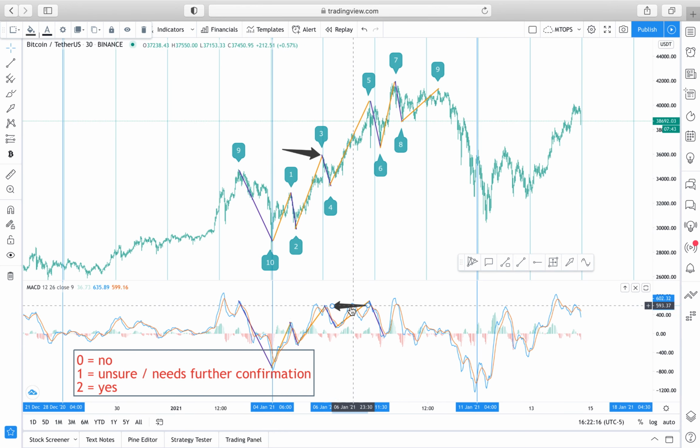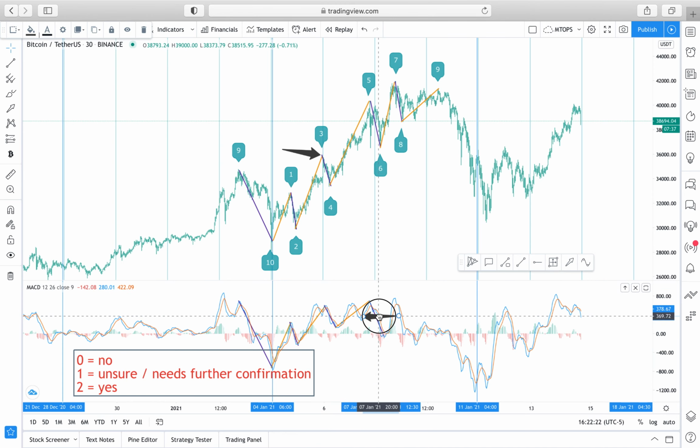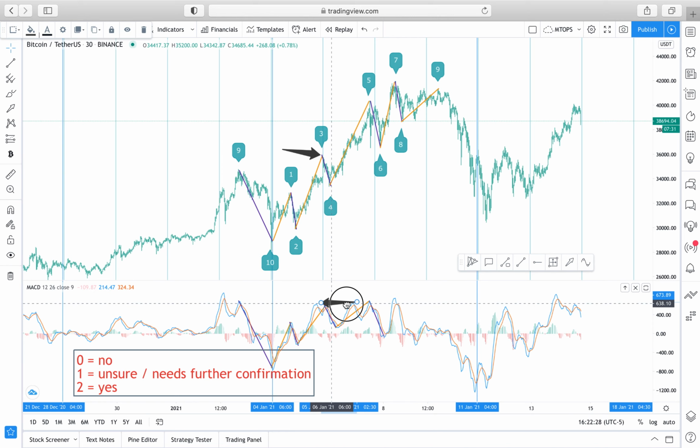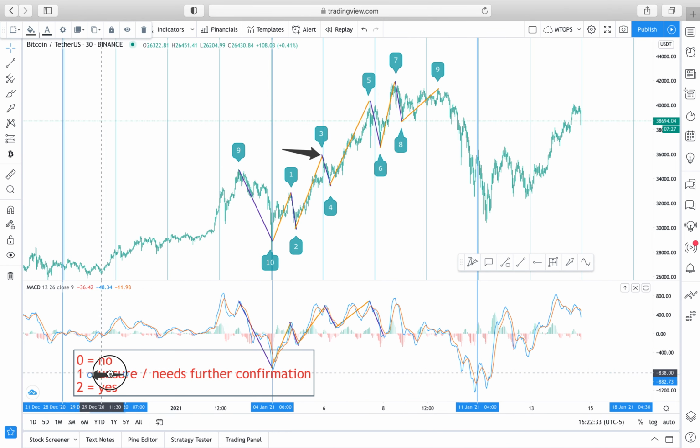So when it goes to a little bit of a double top, or it comes down but doesn't get too deep before the price action continues up, we're not going to say it's a solid yes, and we utilize a score of 1 as we're unsure of what it's trying to tell us and needs further confirmation.